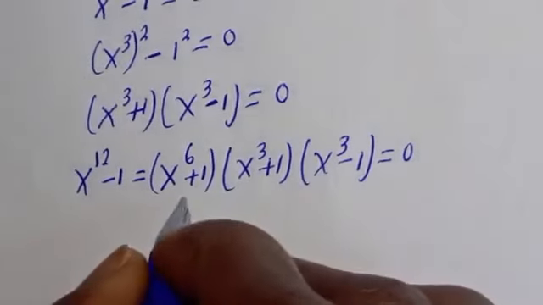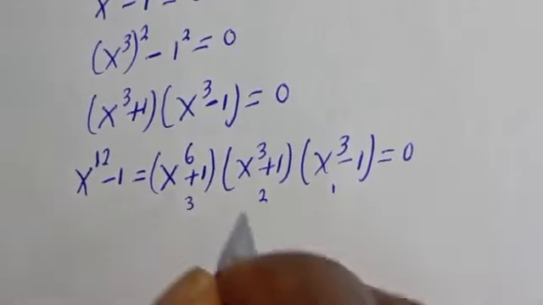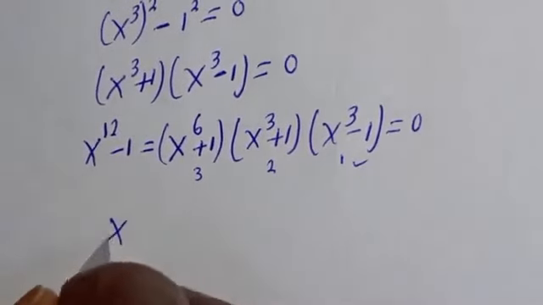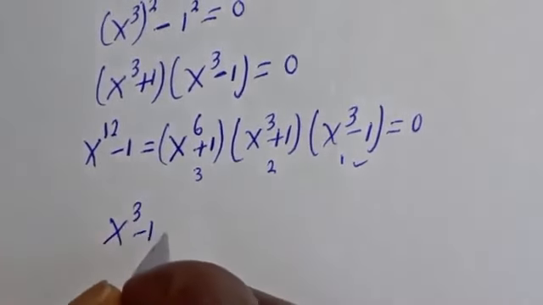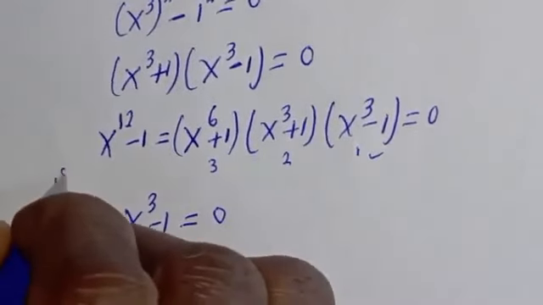We have three cases here. Let's call this case 1, case 2, and case 3. So let's start with this. s raised to power 3 minus 1 is equal to 0. Let's call this first case.